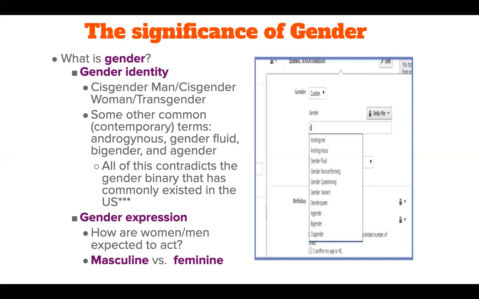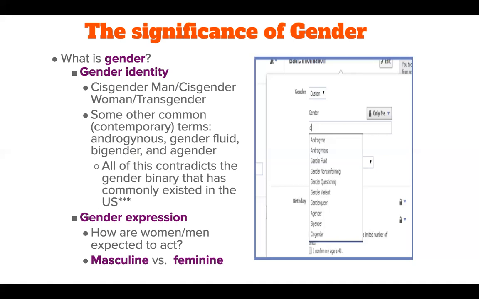All of those terms contradict this idea that there's just this gender binary, that you're either a man or you're either a woman. And for a very long period of time, that has been the dominant ideology, the dominant way of thinking about gender in the United States.